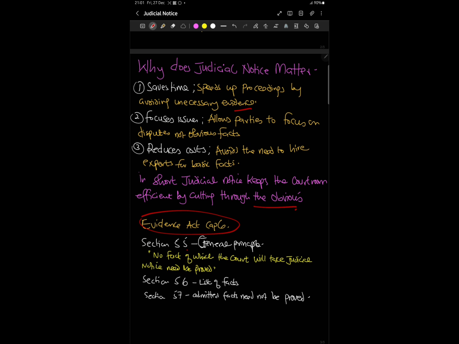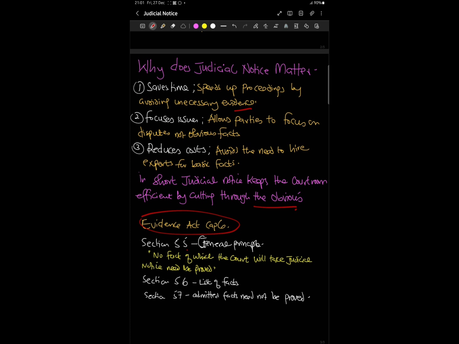And then Section 56 lists all those facts. Please get time and go see them. And then Section 57 tells you that admitted facts need not be proved. Once someone admits or confesses, what other evidence do you need apart from just making someone's life hard?